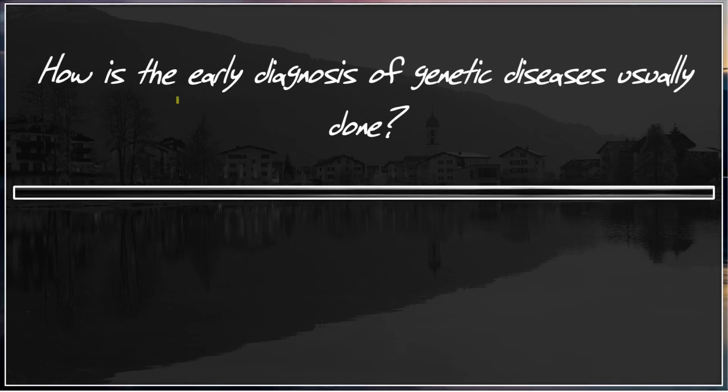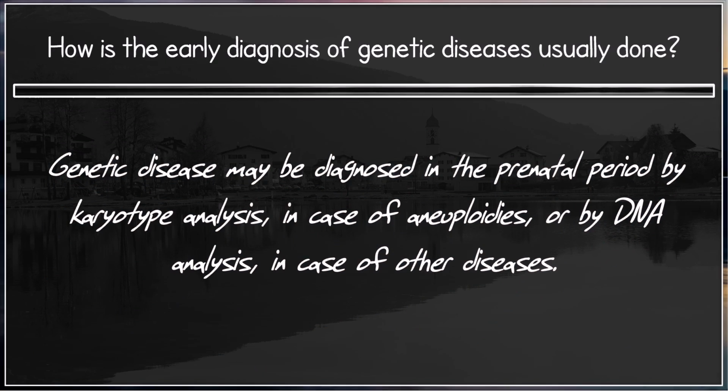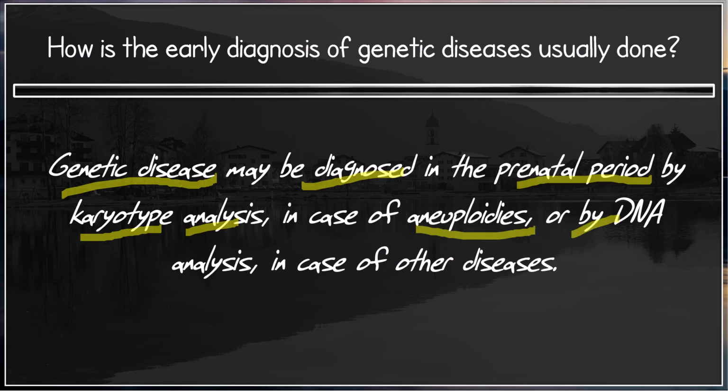How is the early diagnosis of genetic diseases usually done? Genetic disease may be diagnosed in the prenatal period by karyotype analysis in the case of aneuploidy, or by DNA analysis in the case of other diseases.